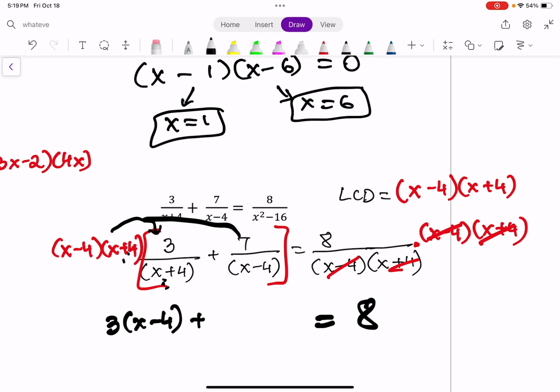Plus, when you multiply it to the second fraction, the x minus 4 is gone, leaving you with a 7 you had and the x plus 4. So every time, really, when you pay attention to these fractions, what you see is that you are getting extra the one factor your fraction didn't have. So the x minus 4 is gone, therefore the x plus 4 comes in its place. That's what ends up happening.